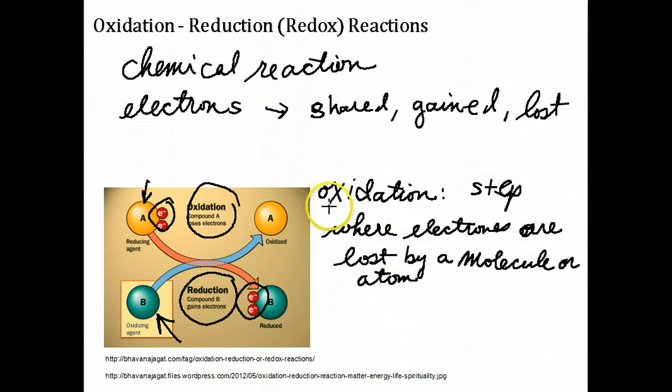So you're going to associate the word oxidation with the word lost.